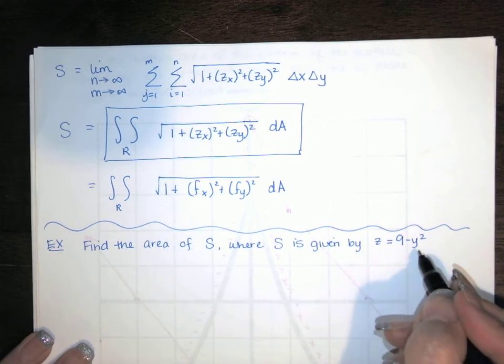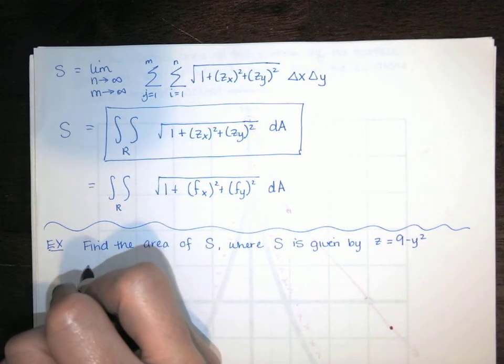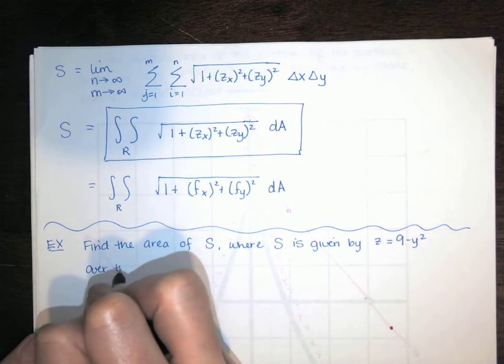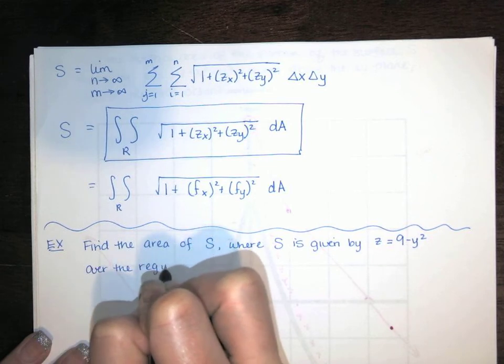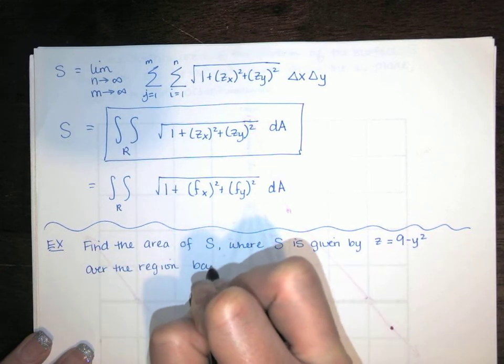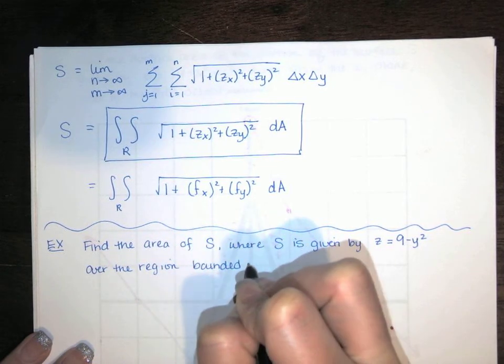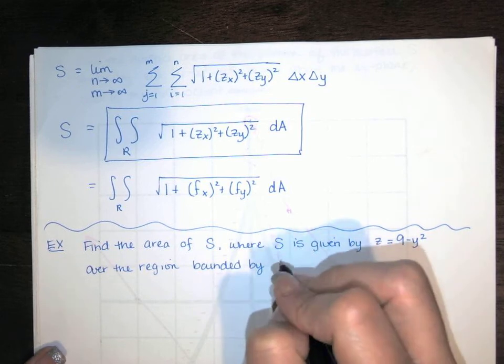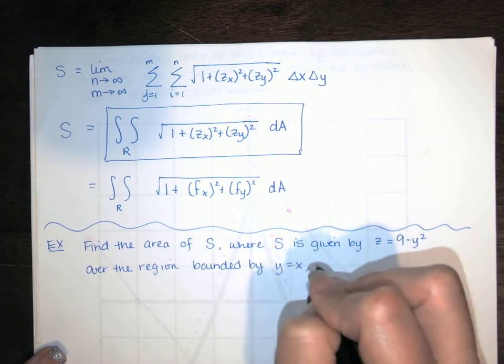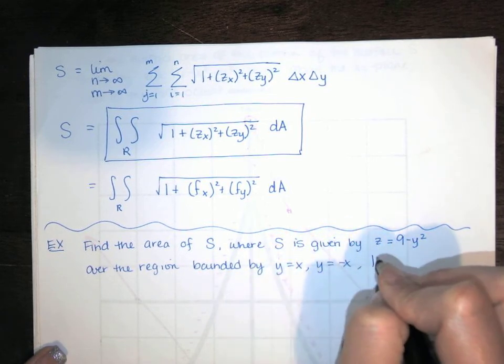And we just want the part of this that lies over the region bounded by 3 functions: y equals x, y equals negative x, and y equals 3.